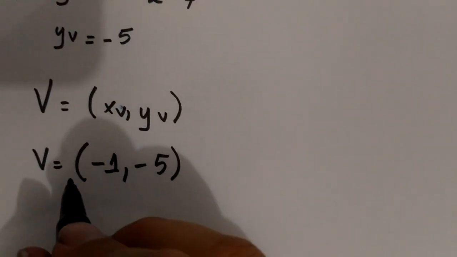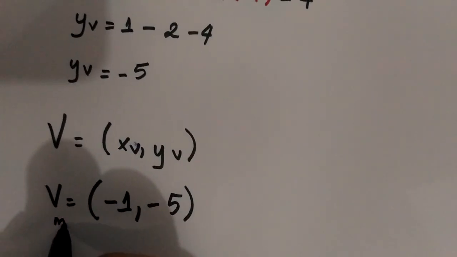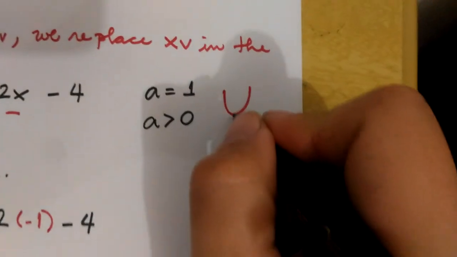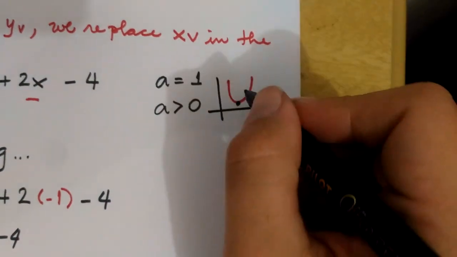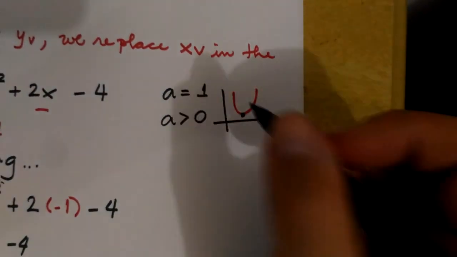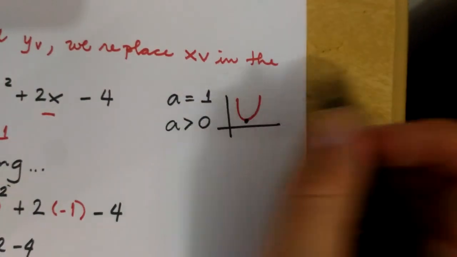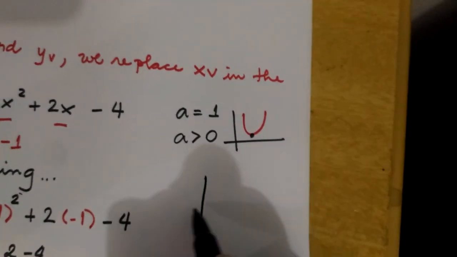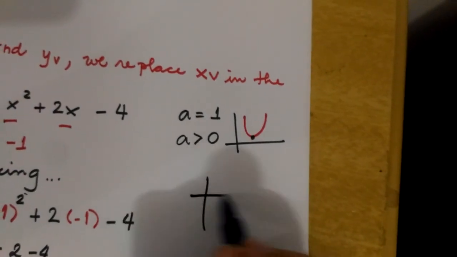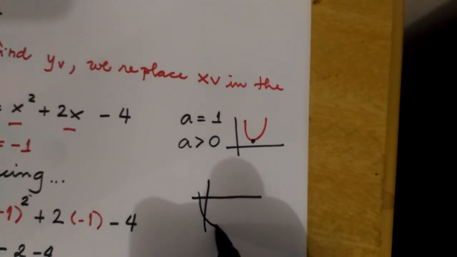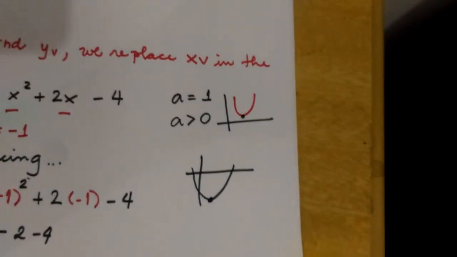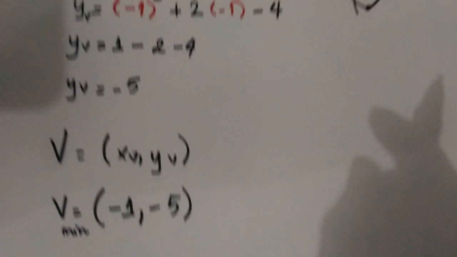So this vertex is a vertex of minimum. It will be this point over here. Probably underneath. It's all negative, so my graph is drawn wrong. It's going to be something like this.